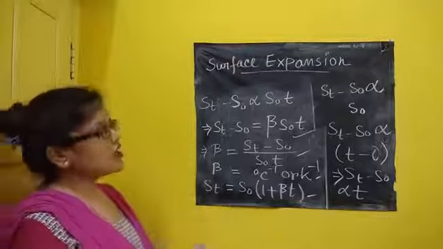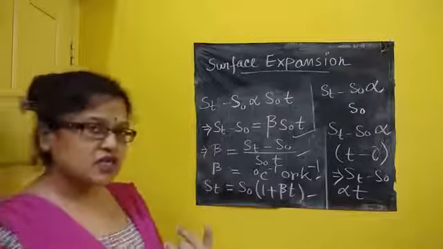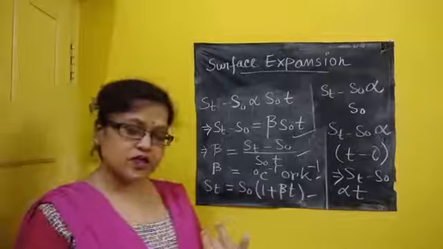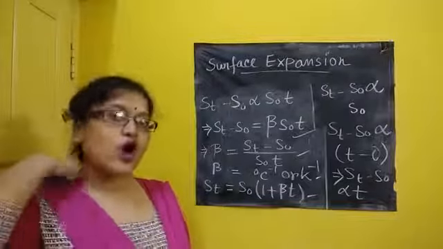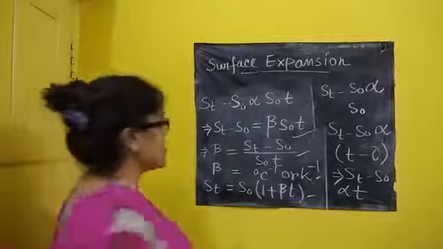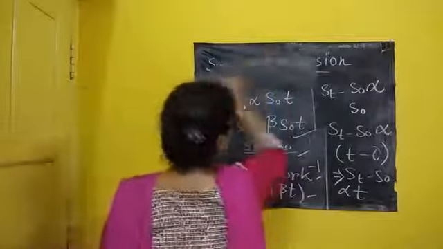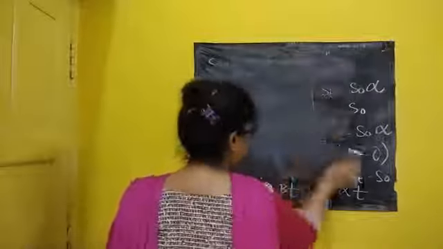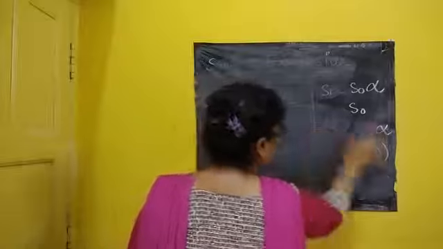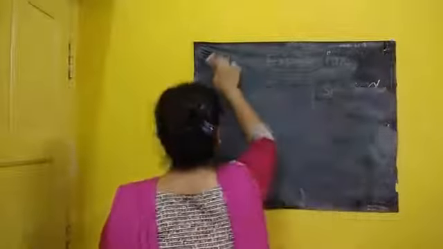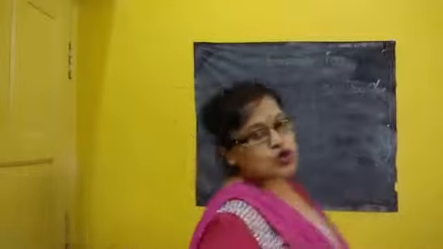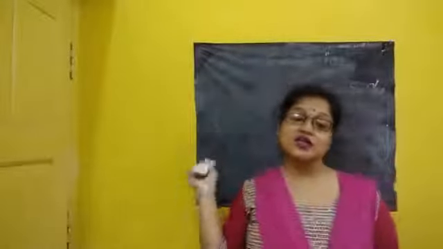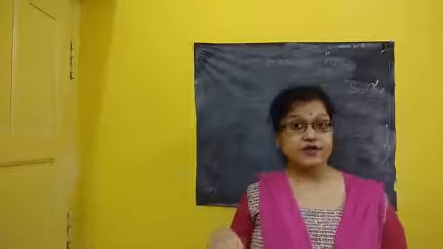Similarly, linear expansion discussed, surface expansion discussed. Now it is the discussion of the volume expansion coefficient. Now you can ask me, since the whole volume is changing, why am I going for the discussion of linear expansion and surface expansion?